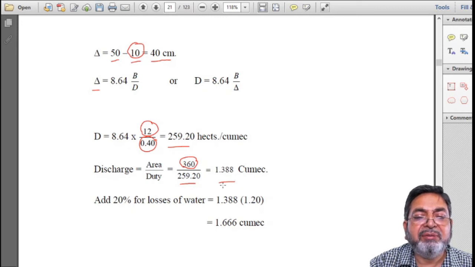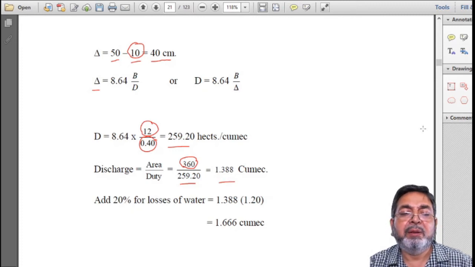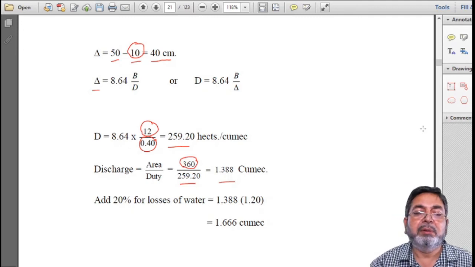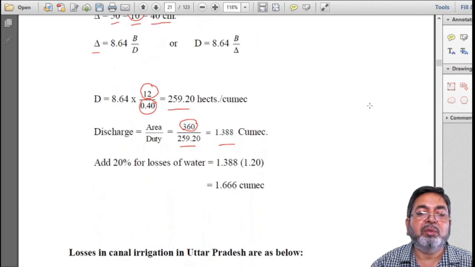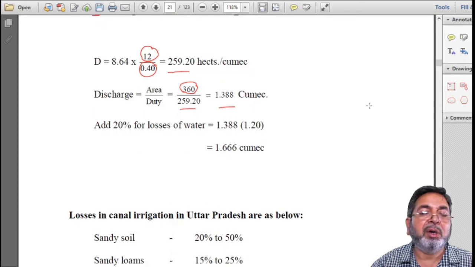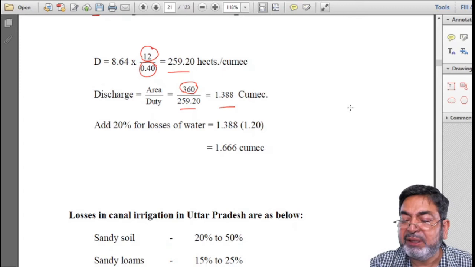Now discharge you have got here, but there is one more condition, that loss is given to you. Go to the problem and see. Assuming losses of water to be 20% in the water course, calculate the discharge required in the water course. So discharge you have got, but you have to increase it by 20%.